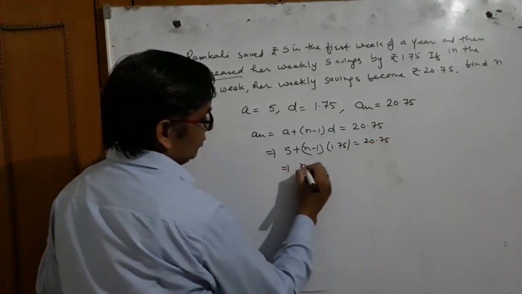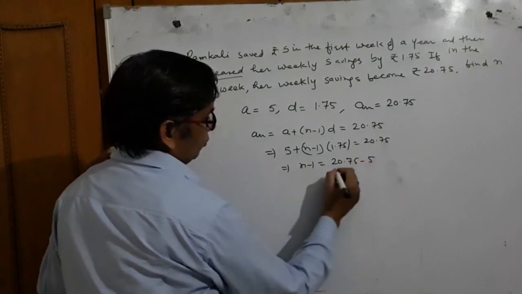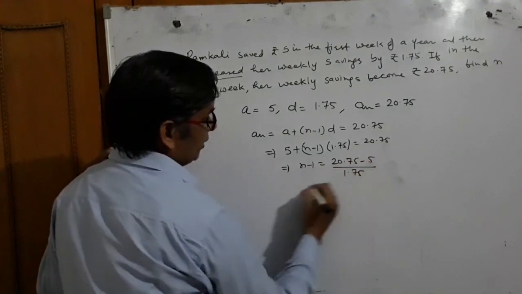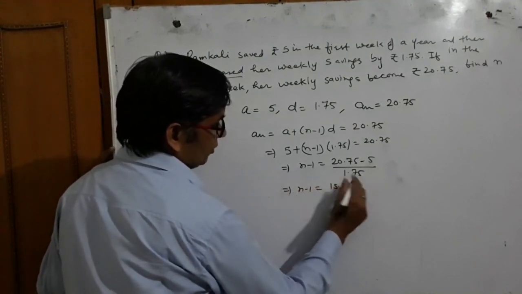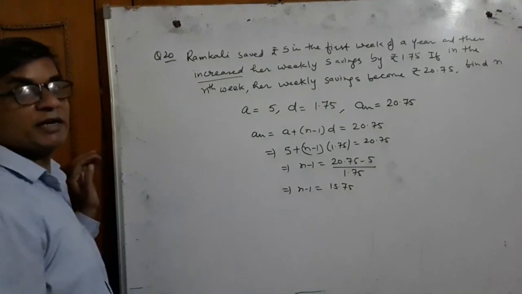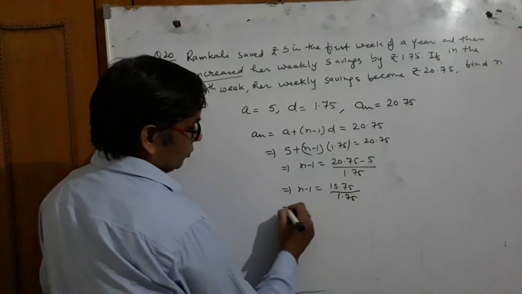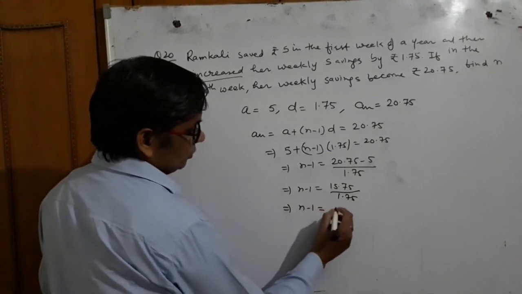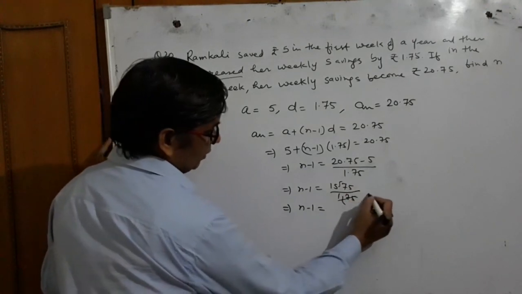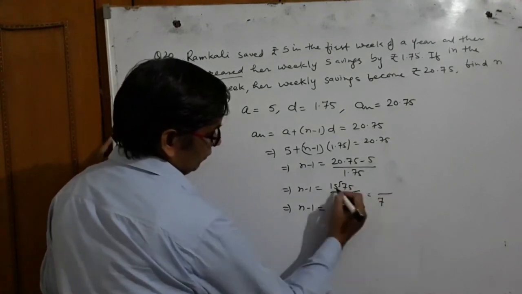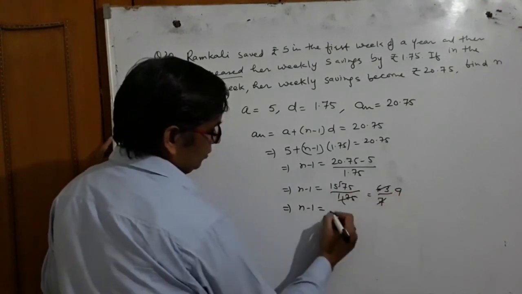तो शिफ्ट करें 5 को, और ये 1.75 अपॉन में आ जाएगा. सो n माइनस 1 इक्वल्स टू 15.75. 20.75 में से 5 लेस करेंगे तो 15.75 अपॉन 1.75. ओके, सो n माइनस 1 इक्वल्स टू, ये कैंसिल हो जाएगा, 25 7 जा और ये 25 6 जा और 3 जा एंड 9.